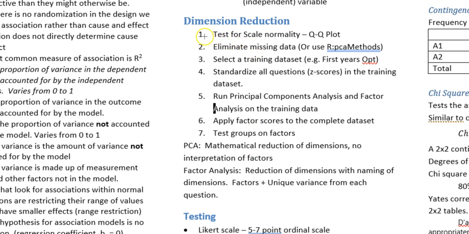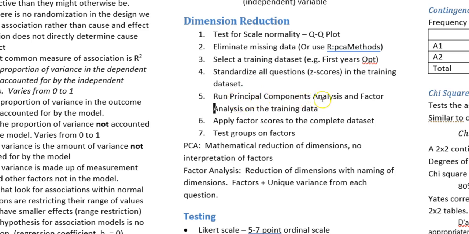Now, to do this, we're going to go through a series of steps. We're going to test overall for scale normality. We're going to eliminate the missing data. We're going to select a training data set. In the BIVS study, for example, we used first-year optometry students. We're going to standardize all questions with z-scores in the training data set.